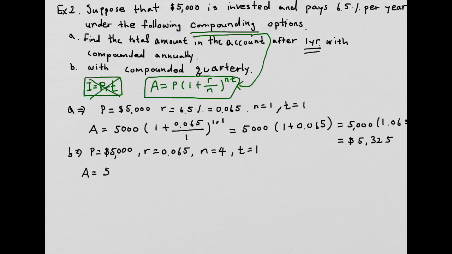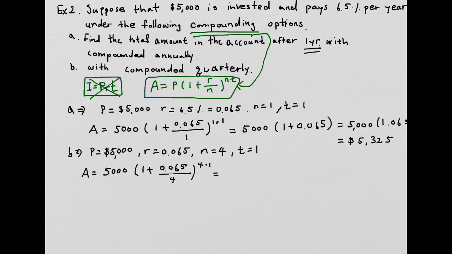Total amount is equal to 5,000 times 1 plus the same interest over n. Your n is 4, and nt will be 4 times 1.